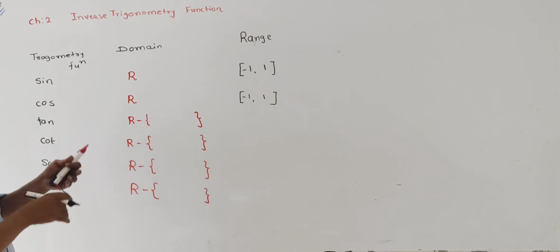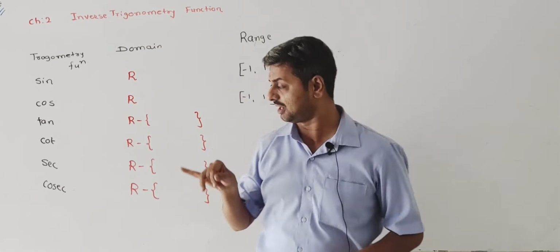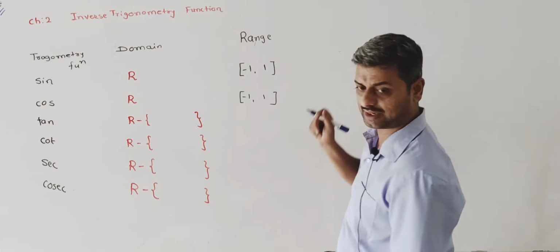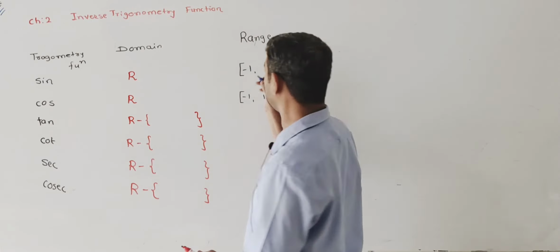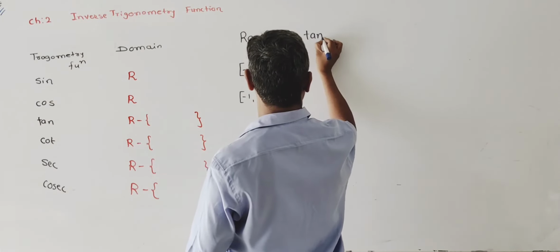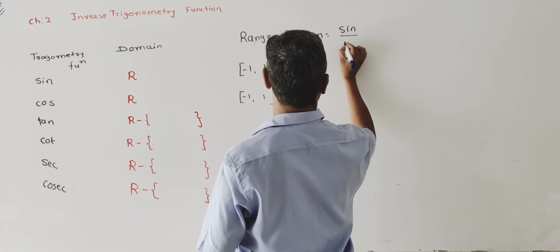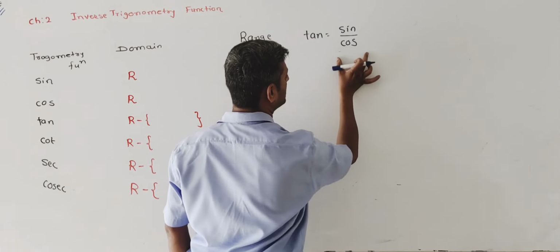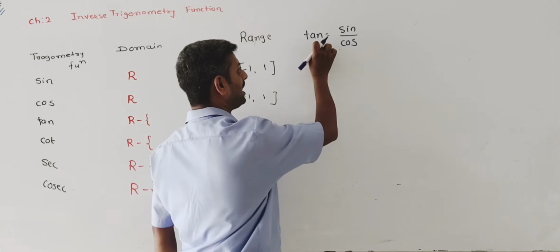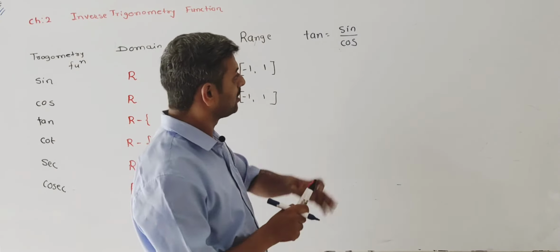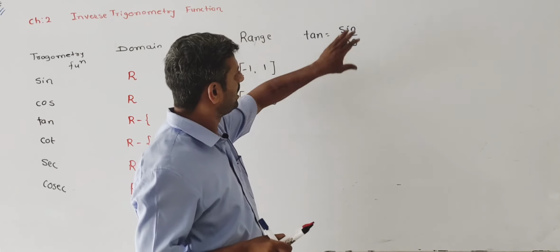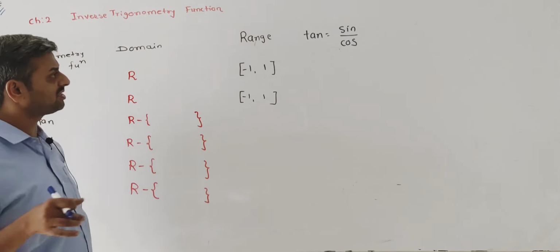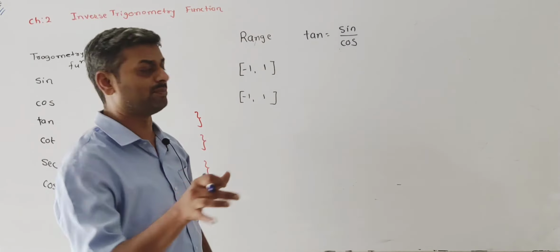Now for tan, the angles where it cannot be measured, we have to subtract from here. First we have to understand tan. Tan is equal to sine upon cos. Where cos is becoming 0, at that place tan is not defined. So we have to remove those angles where cos is becoming 0.